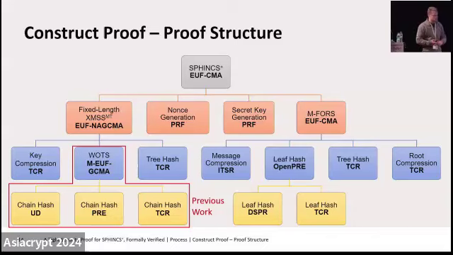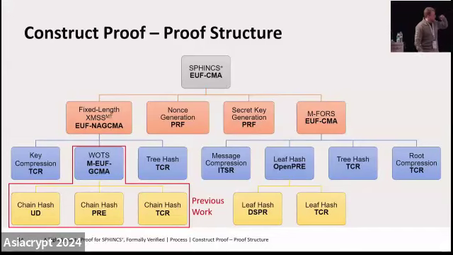And actually this part here, the multi-instance EUF-CMA variant for the WOTS, implied by these 3 properties of its hash function, is an artifact that we reuse from previous work that formally verified single instance XMSS.